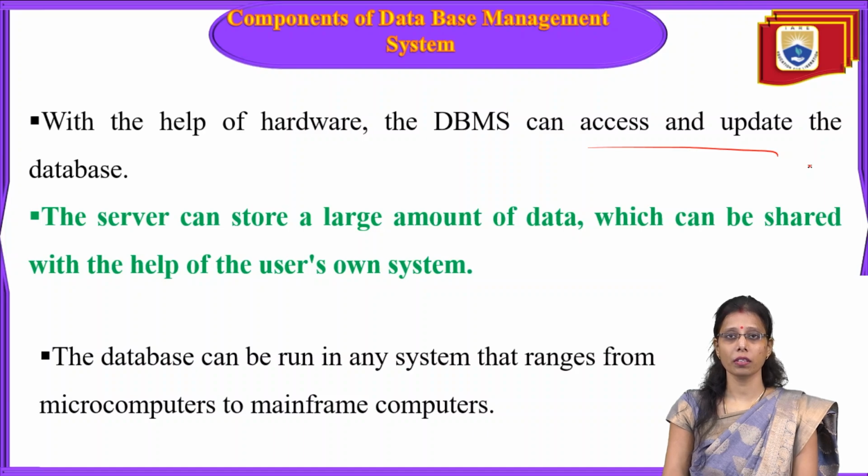Hardware is such a component which will help the DBMS to access the data and update the database, because all the information will be saved in the hardware. If the hardware component is not present and only the software component is there, then the DBMS is difficult to maintain. So the hardware component is an important component which will help to access data and update the database.